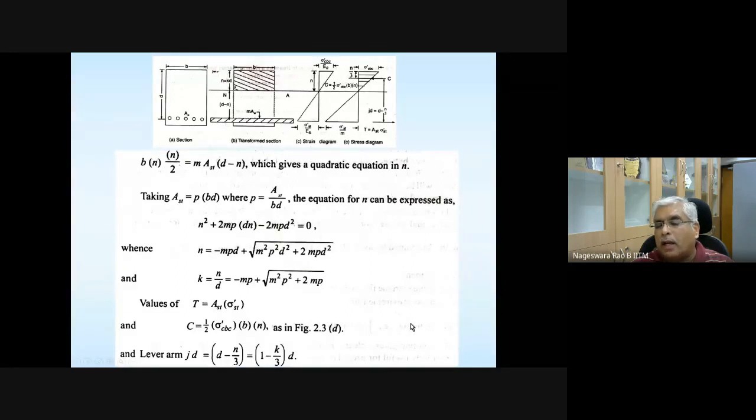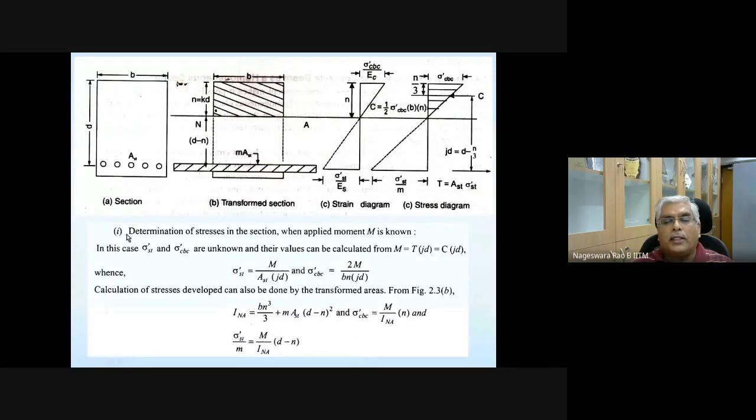That we already noted. So the applied moment M is equal to T times lever arm or C times lever arm. Okay, let's make a note of it.